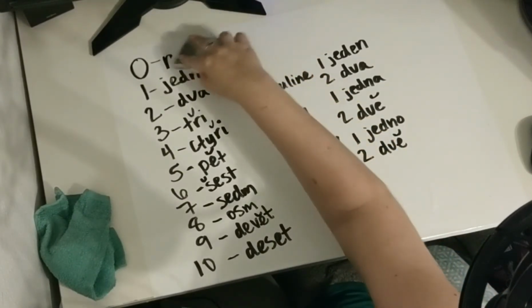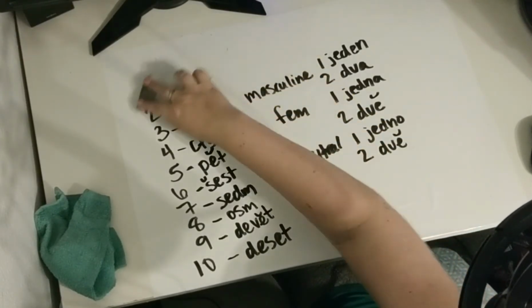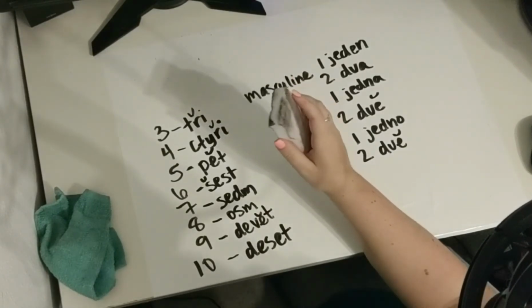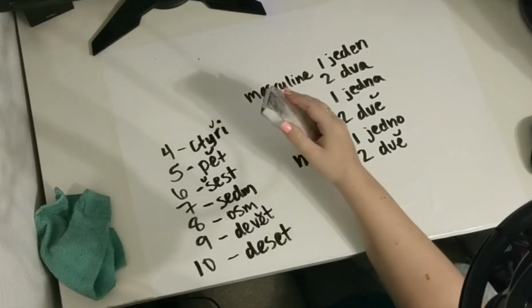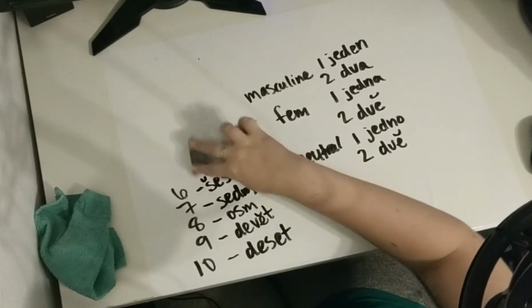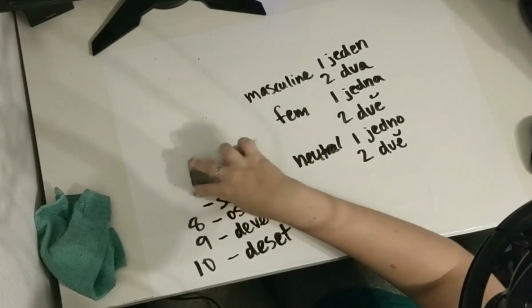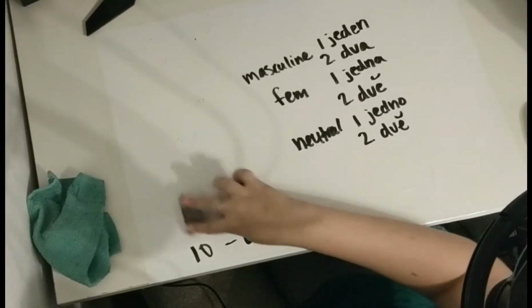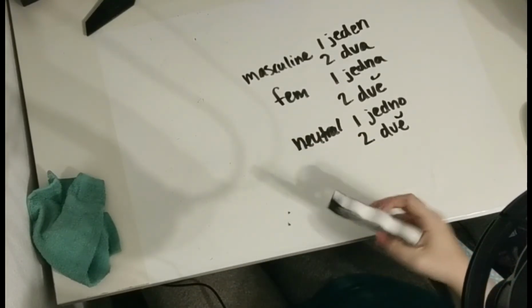We have nula, jedna, dva, ksha, shtarja, piet, šest, sedm, osm, devět, and deset.